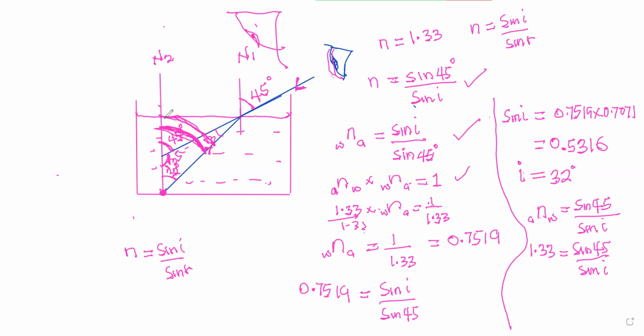So 45 plus 13, which is 58. That is the problem of the day. It's a very nice question because most times we only use apparent and real depth, but this is an addition.